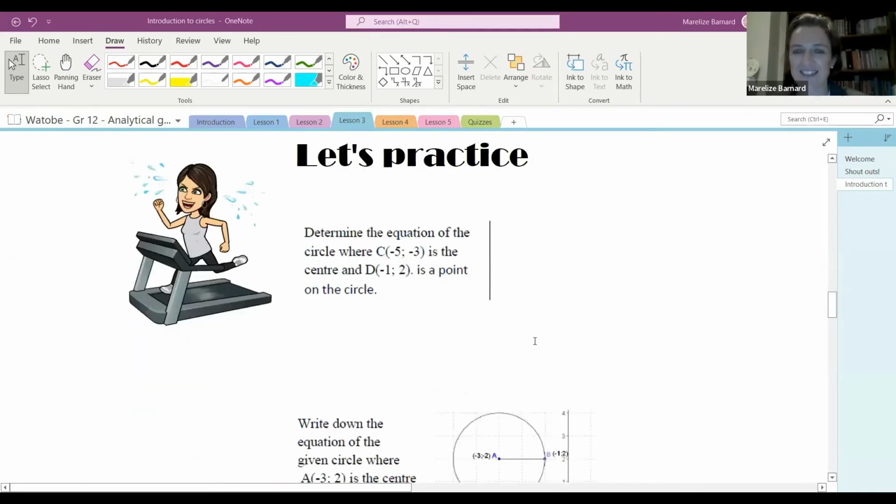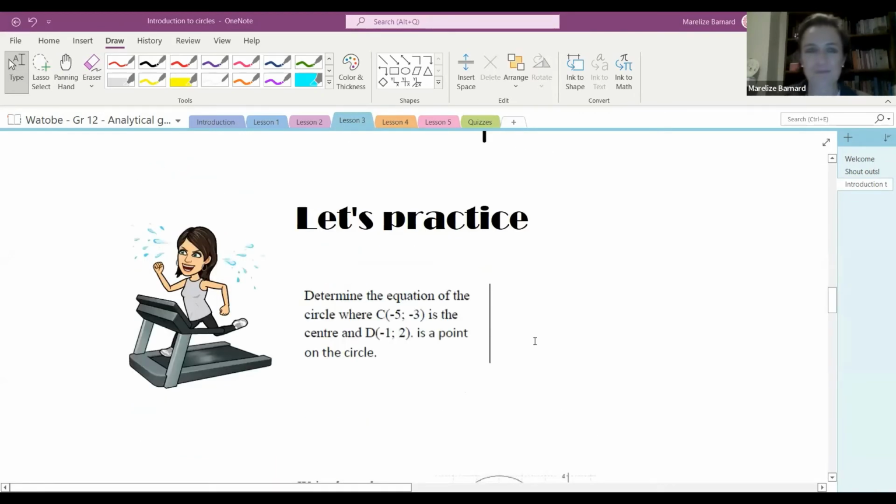Yes, C is the center. Let's try and have this done by 17:31.